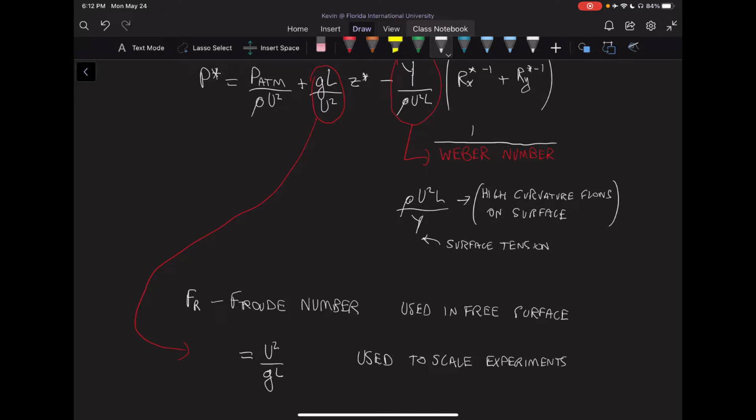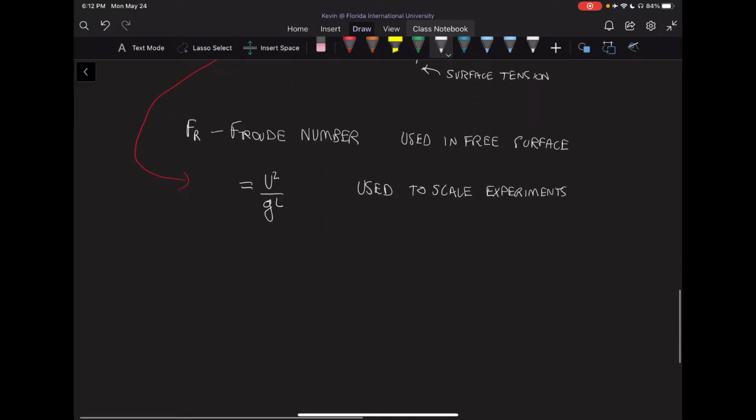Okay, so just to summarize, we have a few dimensionless parameters. The first dimensionless parameter is the one that comes from the Navier-Stokes equation: Reynolds is equal to rho UL over mu. If we keep Reynolds constant in an experimental test at different sizes, we get the same flow characteristics.